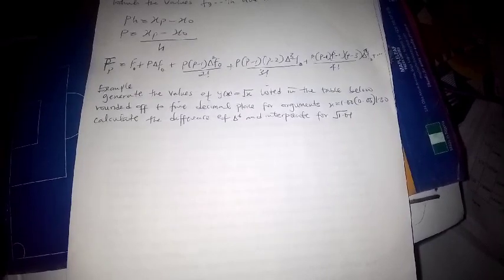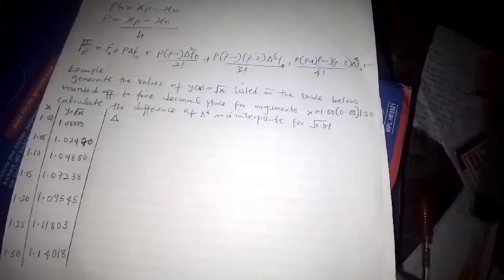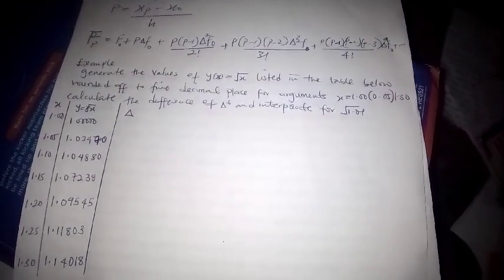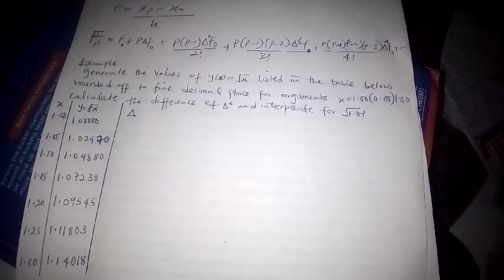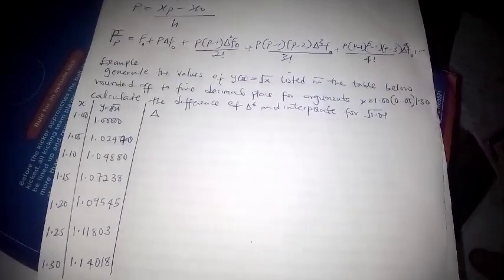First, you are supposed to form a table using the parameters given. From what we have here, the argument is x equals 1.00 bracket 0.05 close bracket 1.30.